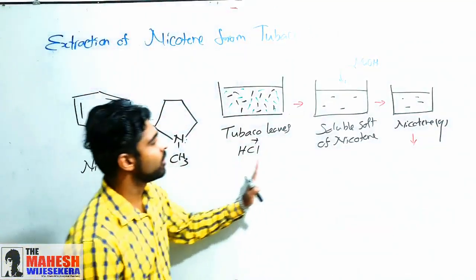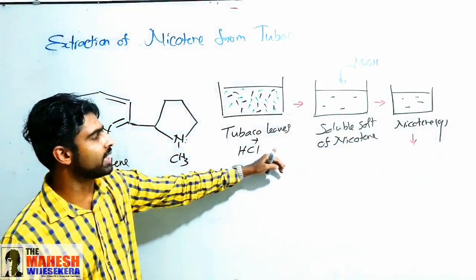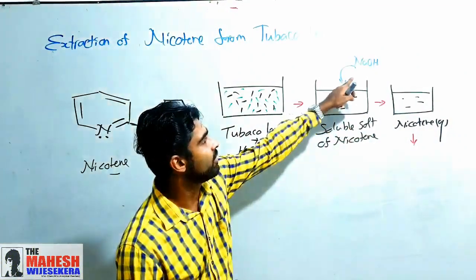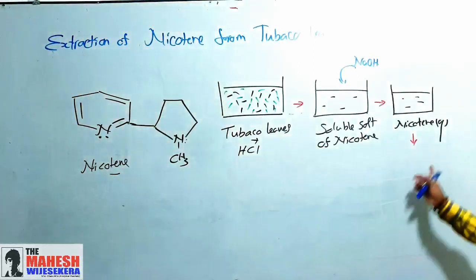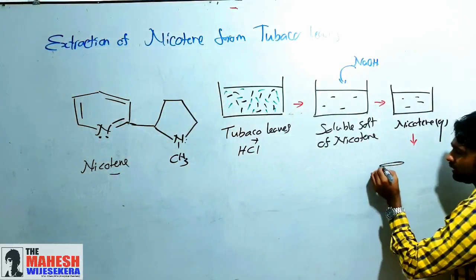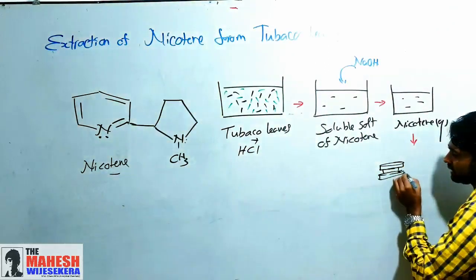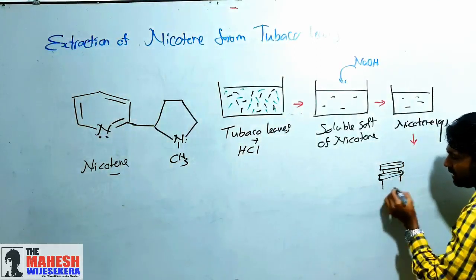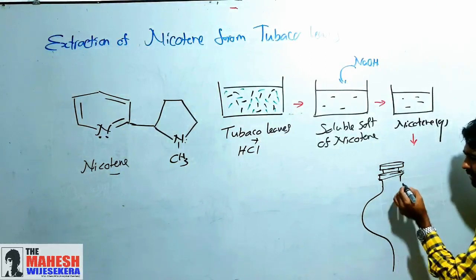So what we're going to do now, we take this part, crushed everything with HCl, soluble salt of nicotine. When you add sodium hydroxide to that, you get nicotine in the aqueous layer. Now we are going to add CCl4. We have something like this, which is known as a separation funnel.